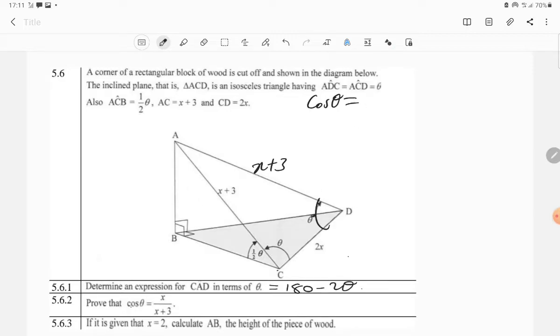This is the derived formula for cos when we are looking for the angle or the trig ratio itself.